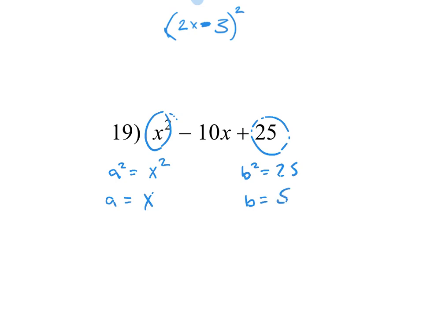So what do we put as our answer? X minus, perfect, because we have minus there, so minus 5 squared. Can't forget that squared up top.